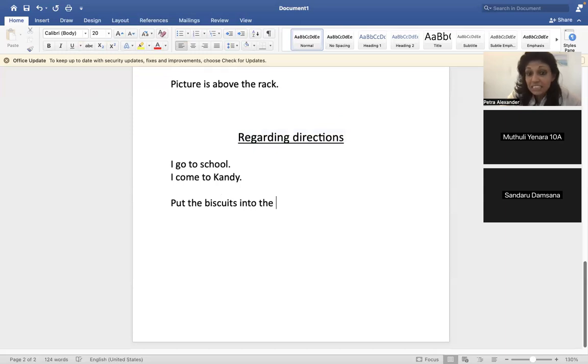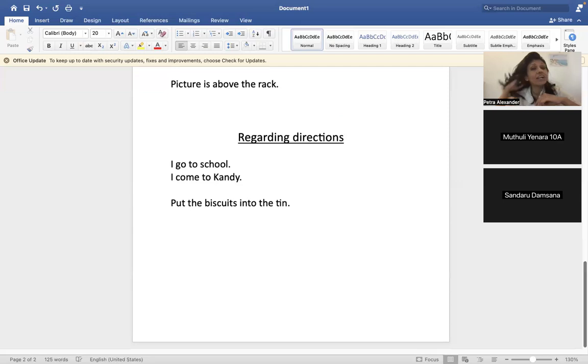Put the biscuits into, තුලට, ඇතුලට, into the tin. Right? Put the biscuits into the tin. Into means ඇතුලට. Right? Okay, let's see.